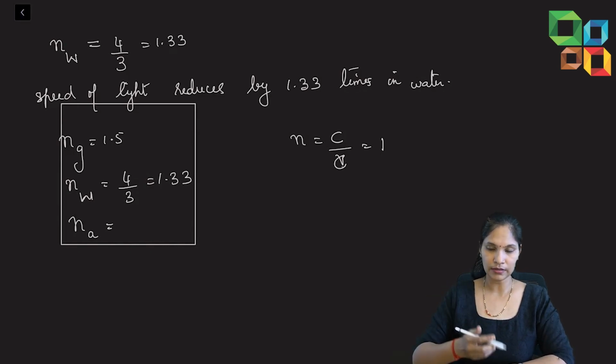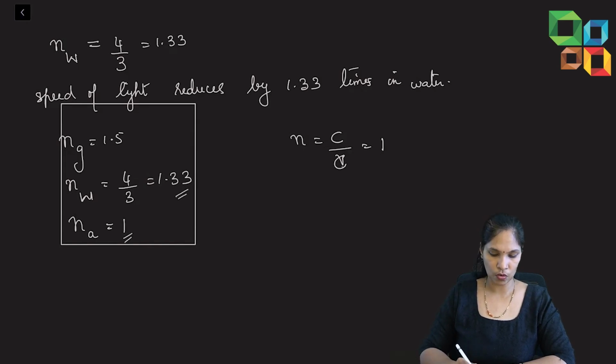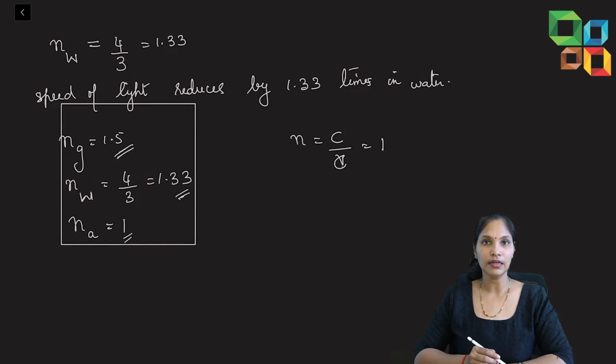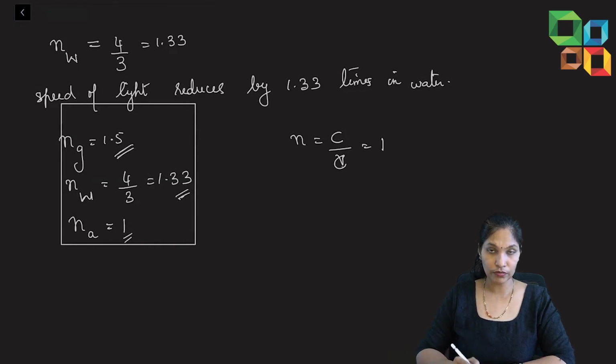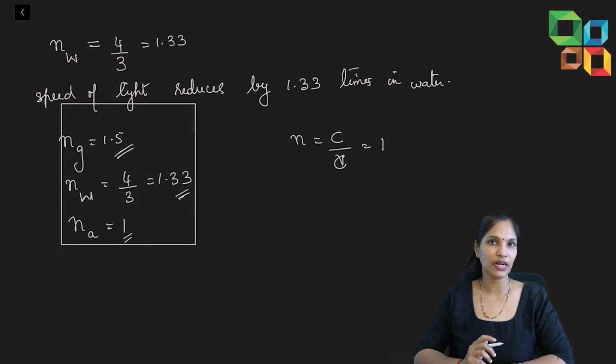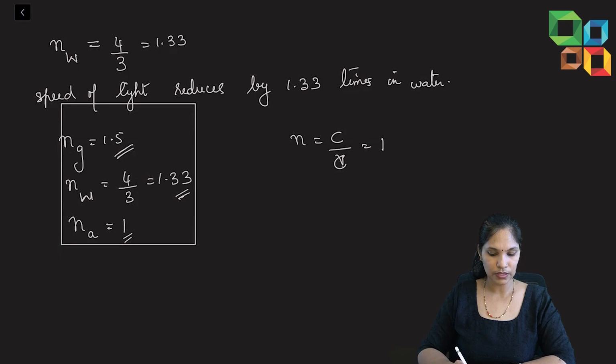As I told you the meaning, if you pick up that meaning, you can see the light goes fastest in air, slower in water, and very slow in glass. How do you decide that? You can see the refractive index. You know what is the meaning of refractive index? How slow the light travels in that particular medium. In the water medium, light is slowing down by 1.33 times, and in glass, it's slowing down by 1.5 times.